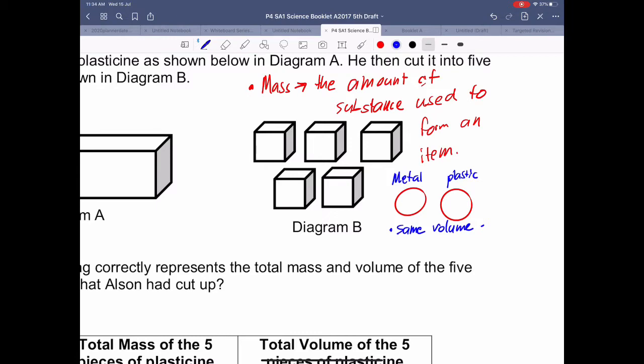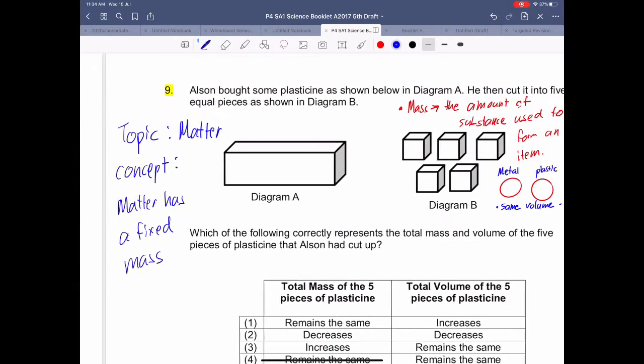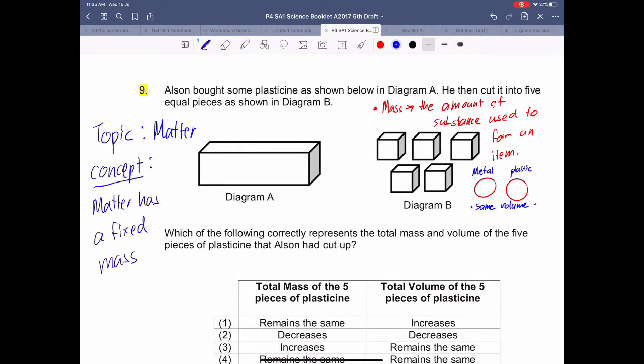Now, density is a totally different thing altogether. Then after that, we go back to our concept. So this is testing you the concept that matter has a fixed mass and a fixed volume for solid.